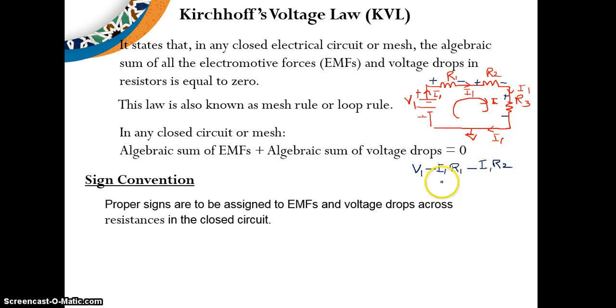Plus to minus, minus I1 multiplied by R3 should be equal to 0. So the algebraic sum of all the voltage drops should be equal to 0. If you know V1 and R1, R2, R3, you can easily find I1. So that is Kirchhoff's voltage law.